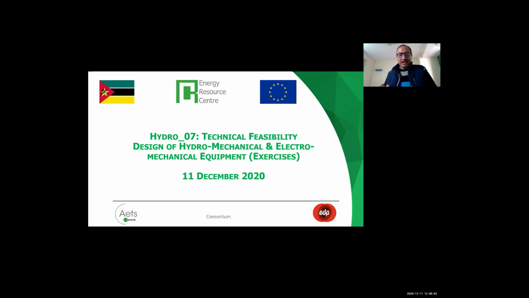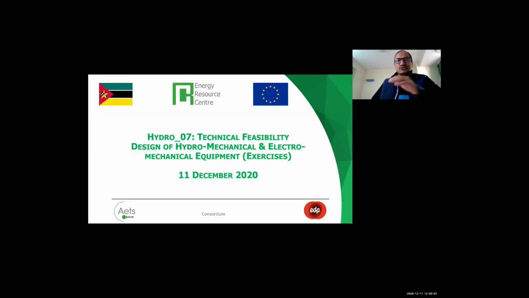Today, I will do some exercises on some electromechanical equipment, basically the turbine and the penstock, the hydromechanical equipment. I will also use the Excel template for you to do some exercise practice.